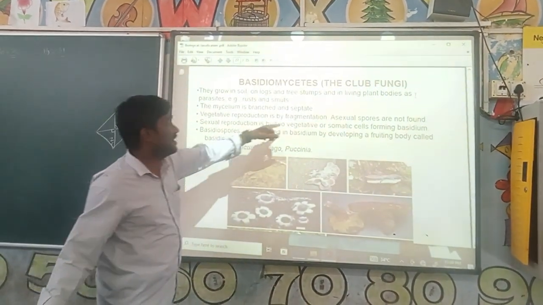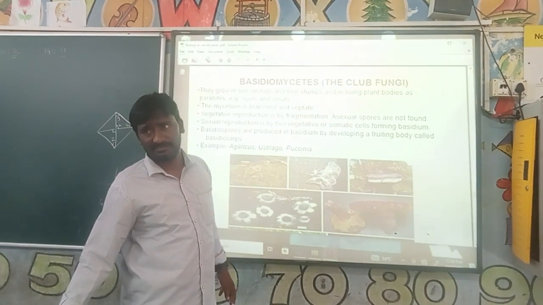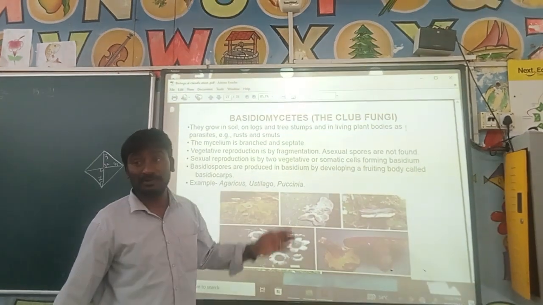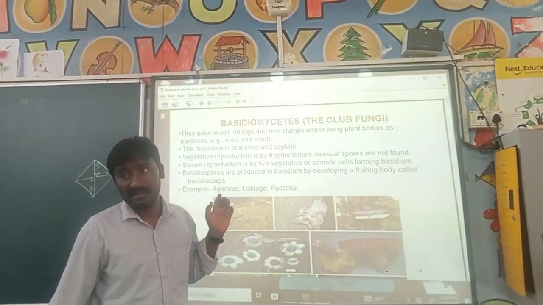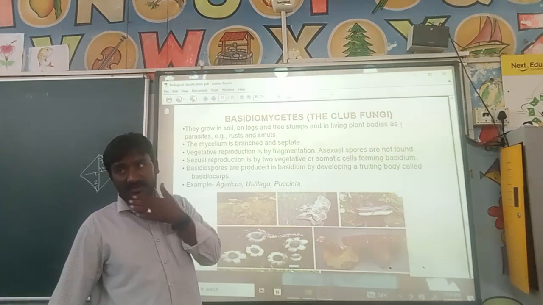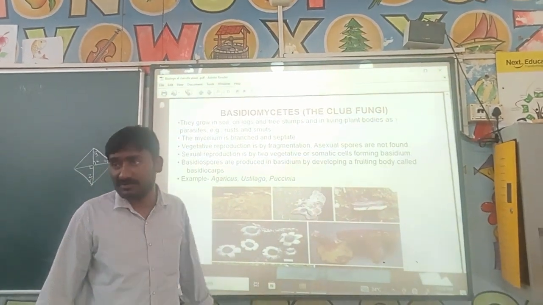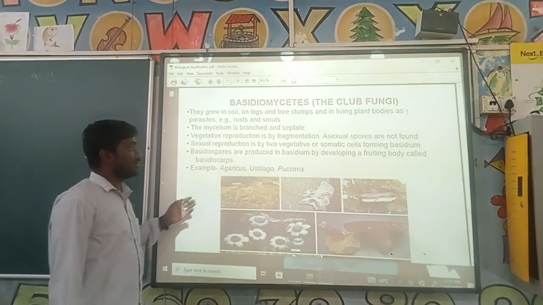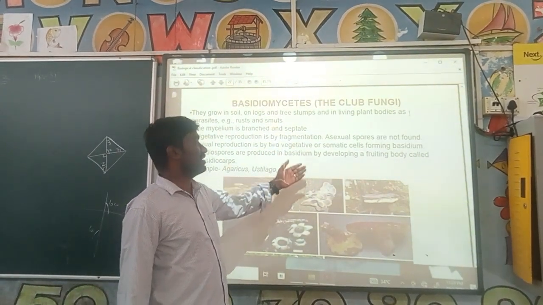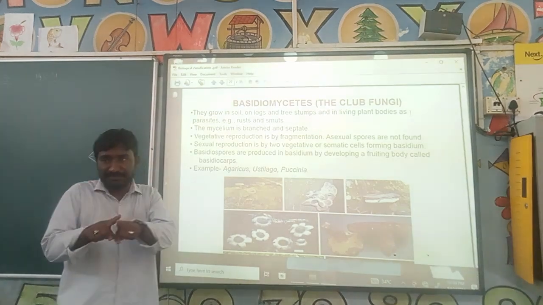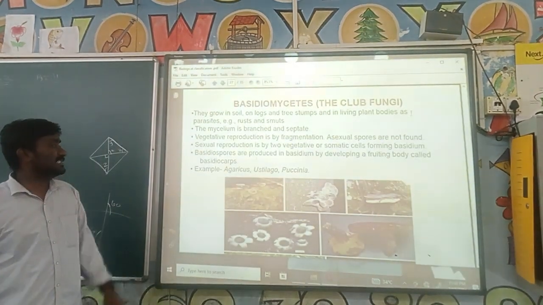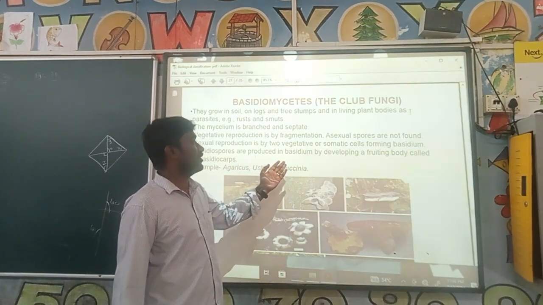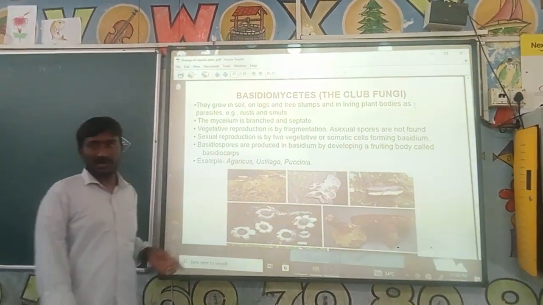Vegetative reproduction is by fragmentation. Asexual spores are not found in Basidiomycetes. Note this point. Sexual reproduction is by two vegetative somatic cells, forming a basidium. Basidiospores are produced on the basidium, developing the fruiting body called basidiocarp.